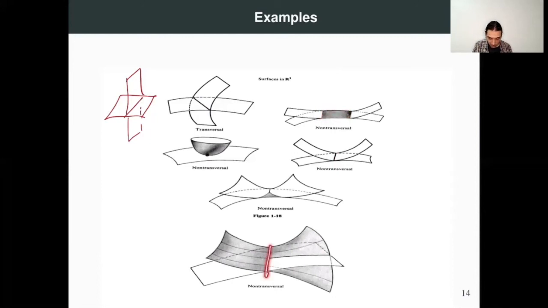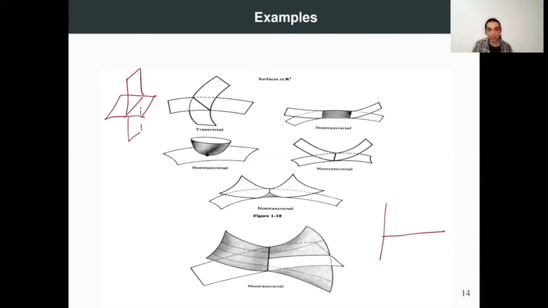Here, for instance, we are in a situation in which the intersection of these two surfaces is indeed something like this, something that is very far away from being a manifold. Here, at this point, we have a corner, and it can be even worse.